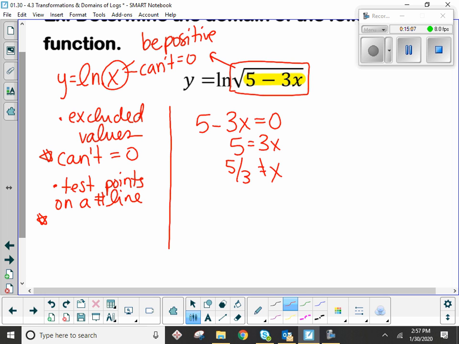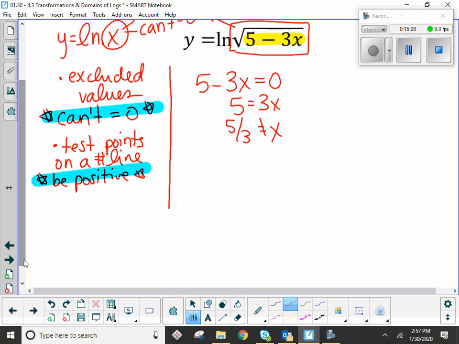This is taking care of the must be positive part of the story. So I set up my number line. It's really representing the x-axis of my graph. I just don't need to draw the y-axis to do this part. I know that 5/3 is excluded.